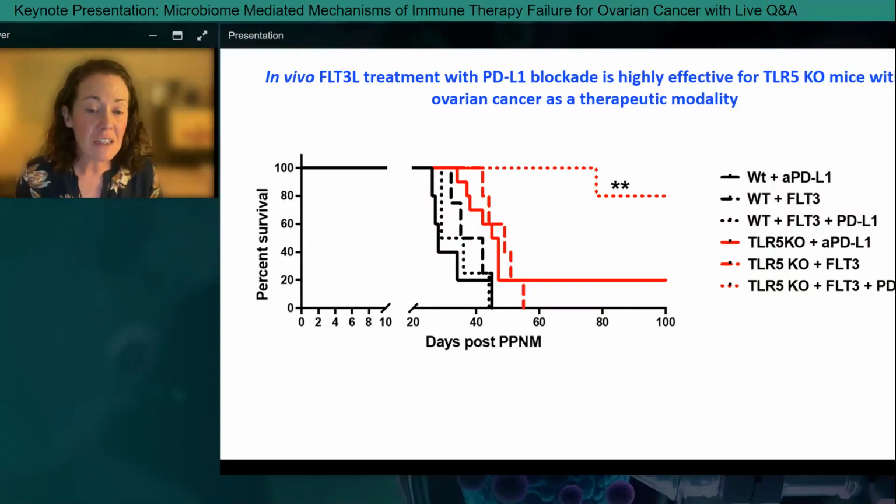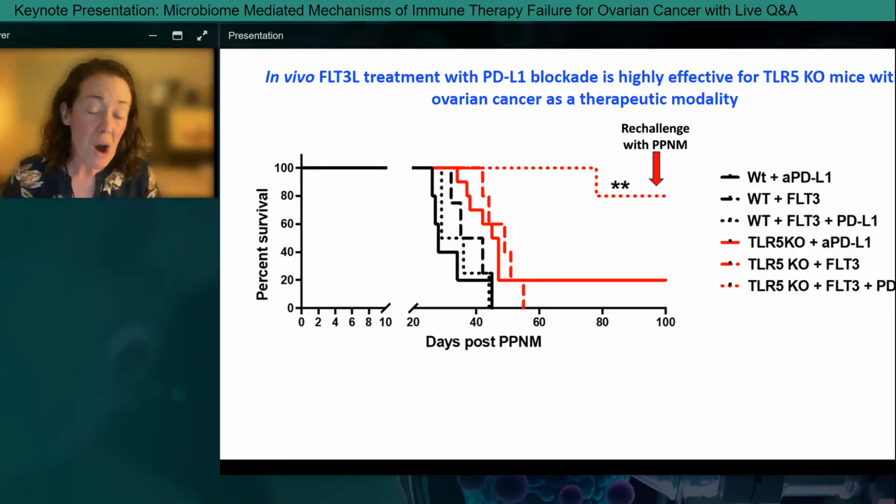And you can see in the dashed red line that delivering FLT3 ligand alone, although it improved survival some for TLR5 knockout mice, wasn't that significant. However, when combined, the FLT3 ligand and PD-L1 blockade, we're seeing that these animals are achieving almost 80% survival in response to this highly aggressive ovarian tumor cell line.